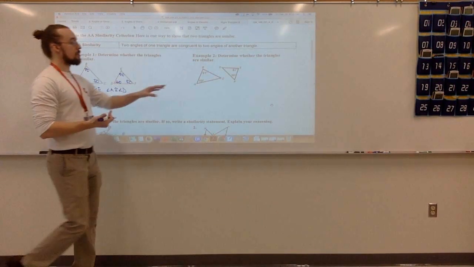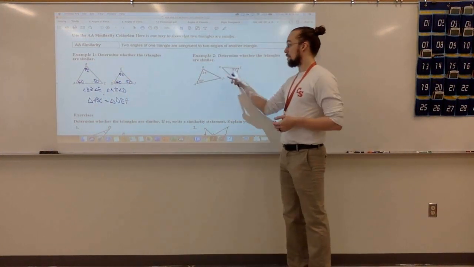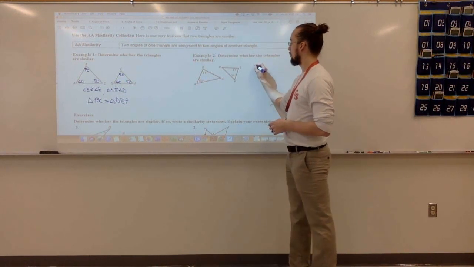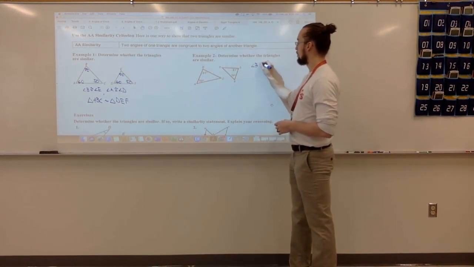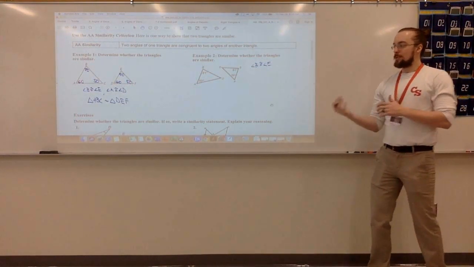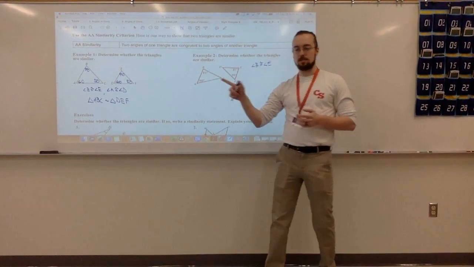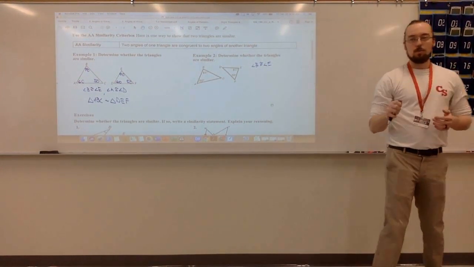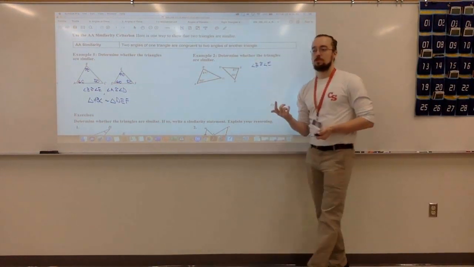So if we look at this second example, I've got angles B and E congruent. I know that they are both 81 degrees. So I can say angle B is congruent to angle E. But then all I know is that F is 39 and A is 60. Well, we know how to get the third angle in each of these triangles.